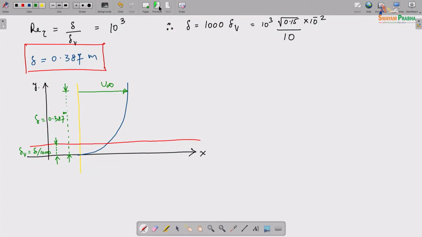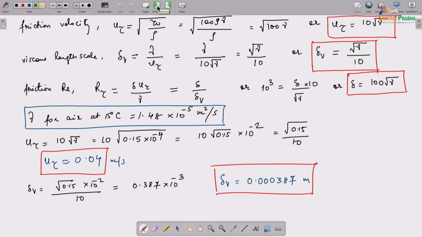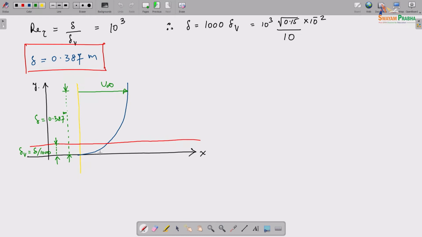Okay. So then in this layer we have the U tau, which we found to be about 0.04. So this was the U tau.